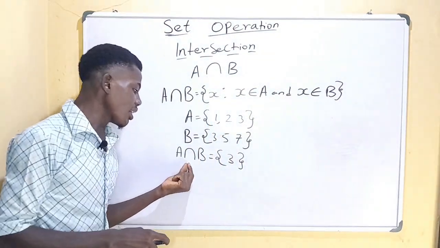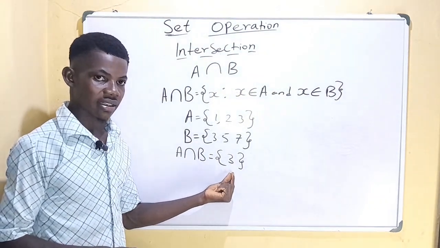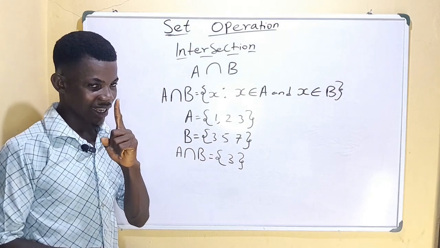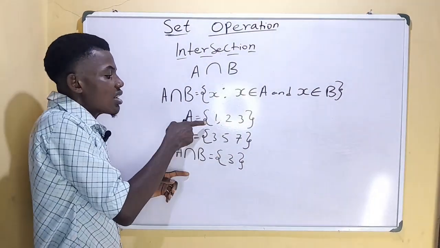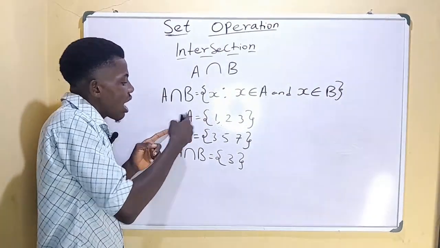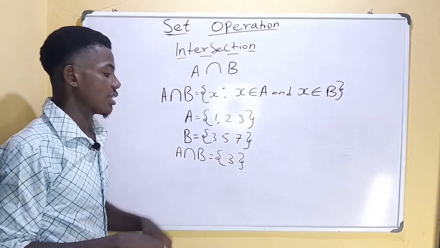Here, A intersection B is a singleton set because it has only one element. So this intersection means the element that is in A that is also in what? In B, which is 3.